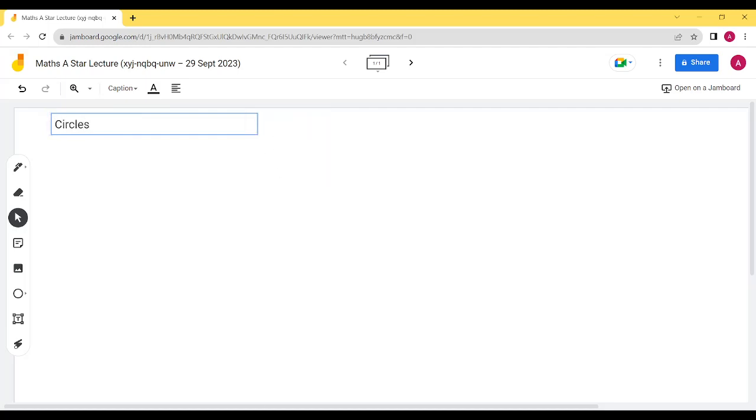And so circles, you're going to come across a number of different problems to do with circles. Generally, the equations to do with circles involve pi. Pi is a mathematical letter.